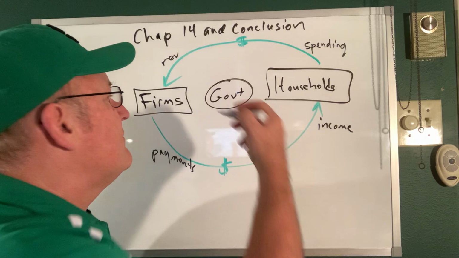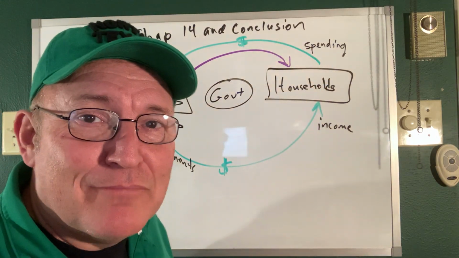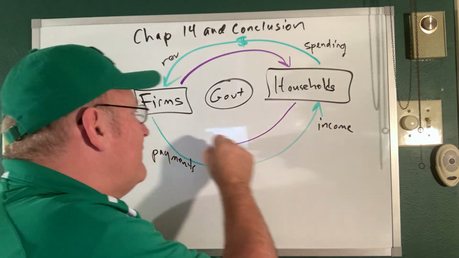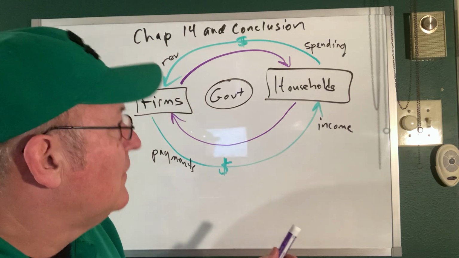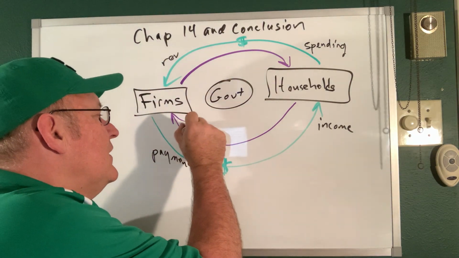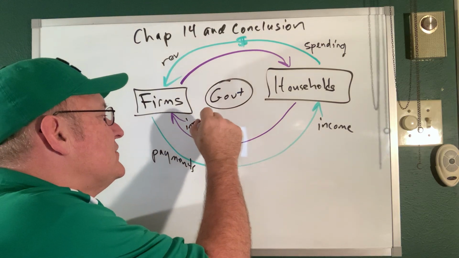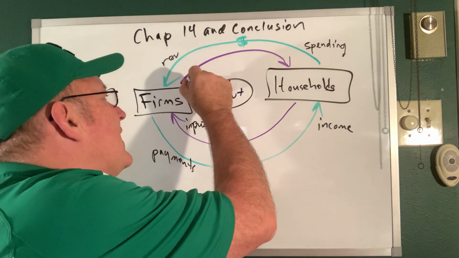The stuff, look at that, I'm getting fancy, purple. The stuff looks like this. So firms need inputs, and they take those inputs, that's messy, sorry, and they make outputs.